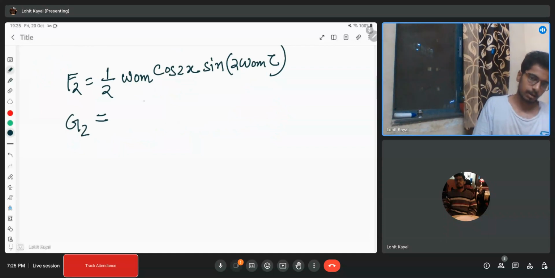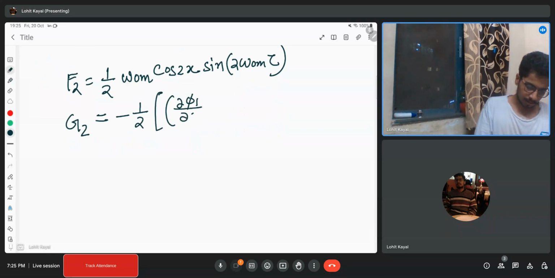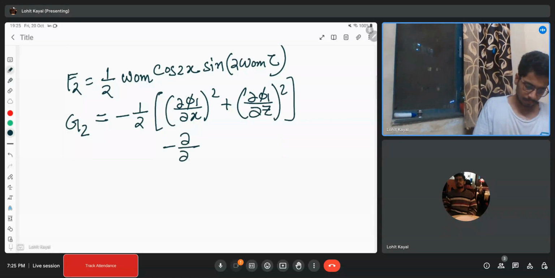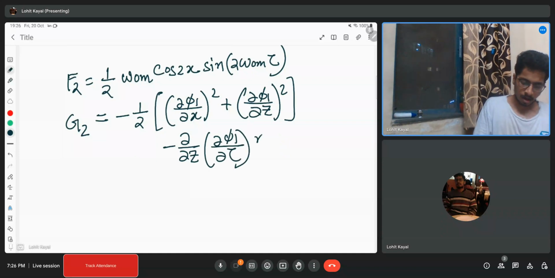And for g2, the expression for g2 will be like this: half of (∂φ1/∂x) square plus (∂φ1/∂z) square, plus φ1 zz η1.